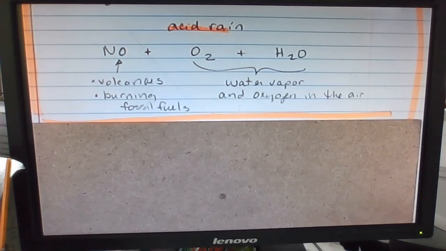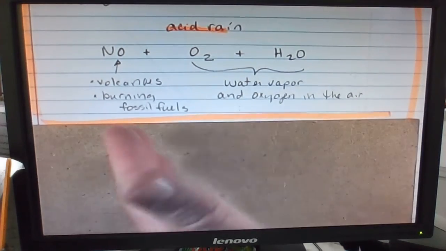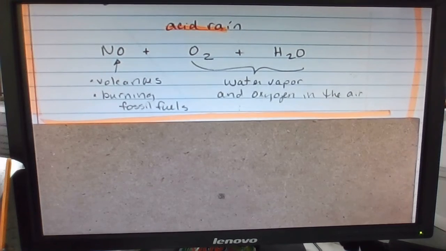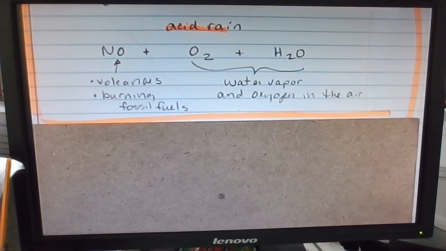When they combine with the water vapor and oxygen in the air, they make a condensate that is acidic. So it's going to fall as an acid or something that is acidic. The closer that a person lives or a building is to an industrial zone that has more of these pollutants, the more acidic the rain is and the more damage is observed.